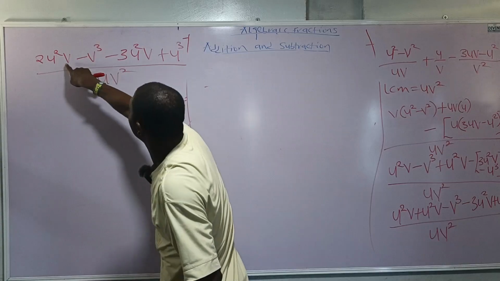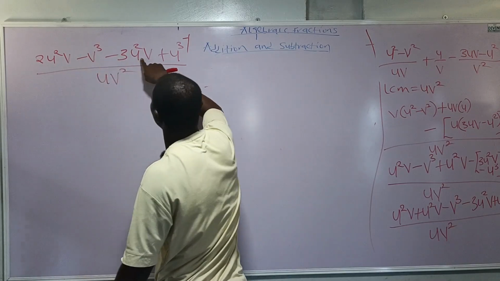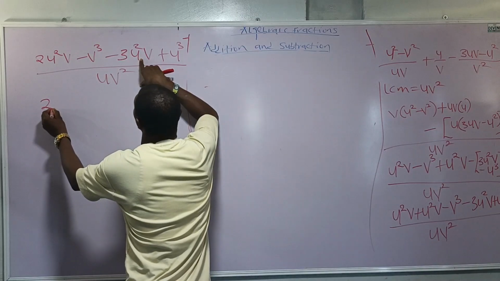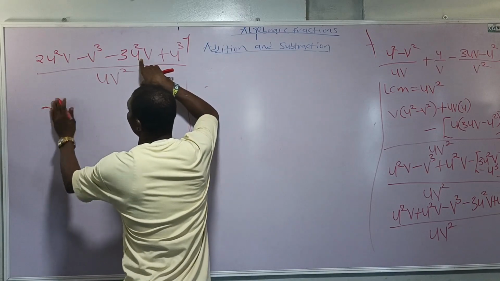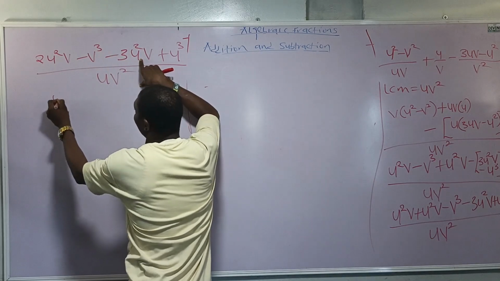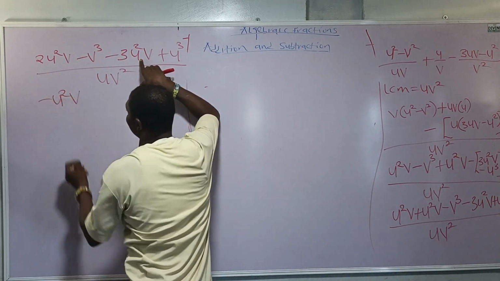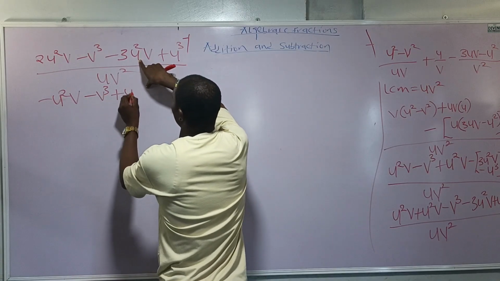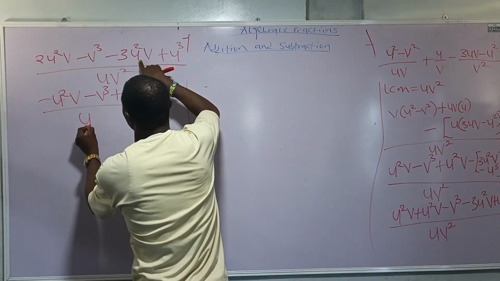Now, this and this are common. Let me just do it directly. 2 minus 3 is minus 1. So I have negative u square v. And I have negative v cube and positive what? U cube all over uv square.